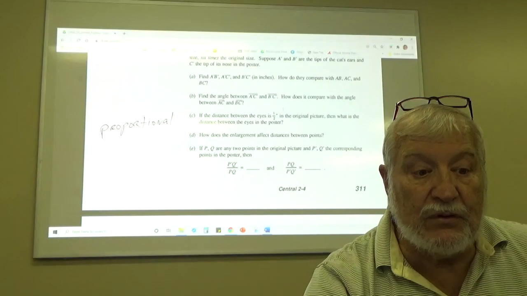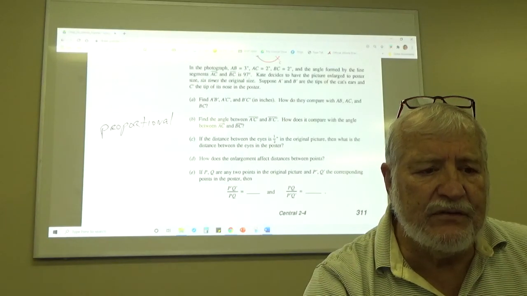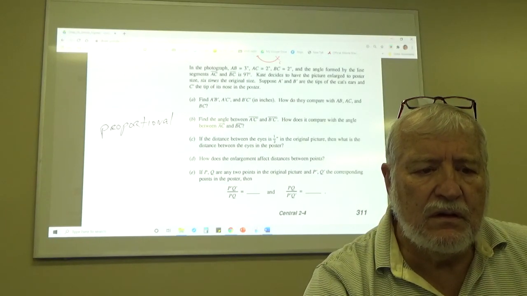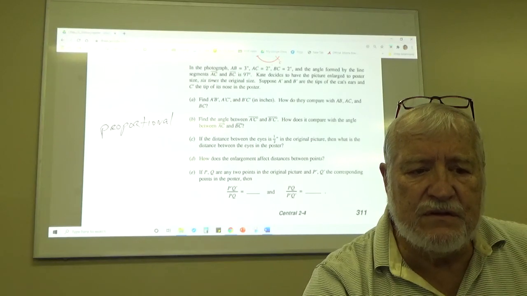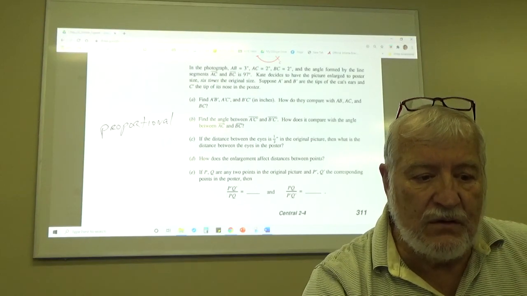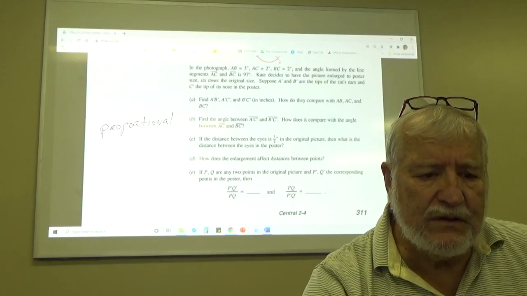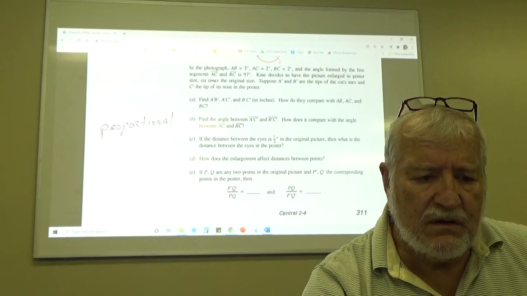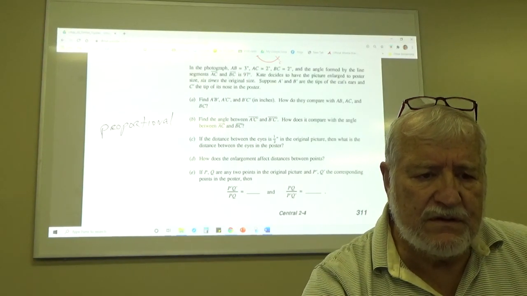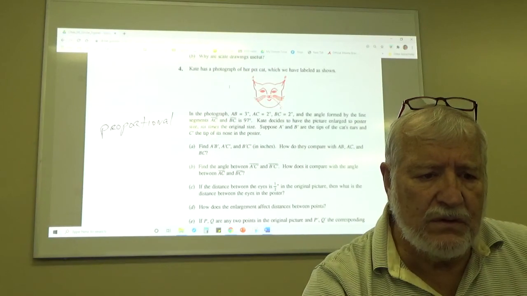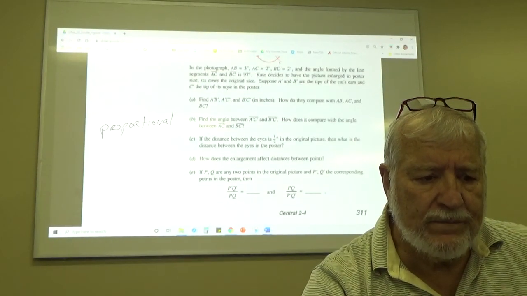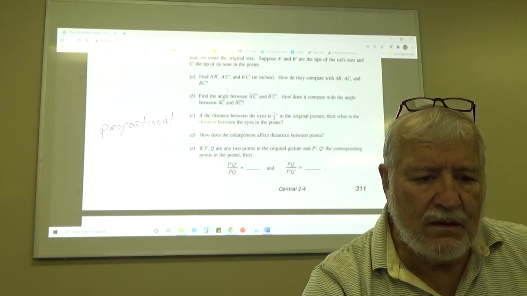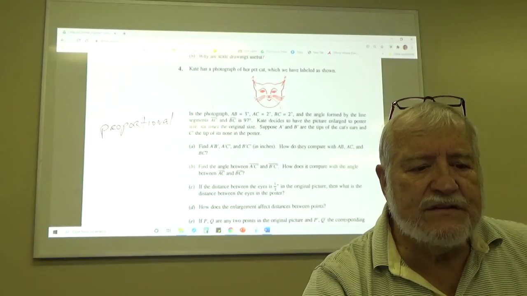And they gave the multiplier up here someplace. Yeah, here's the sides. Okay, so where's P and Q? Oh, okay, I see what they're saying.